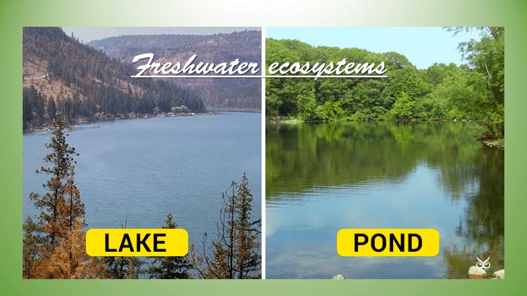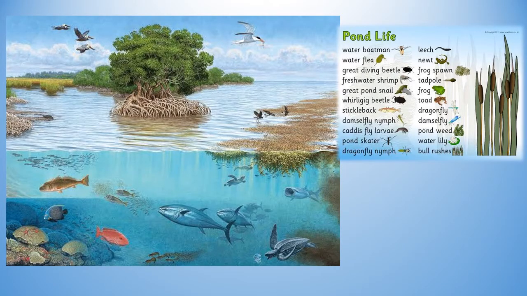The difference between lake and pond: a lake is big and deeper, whereas a pond is shallow, not very deep, and a small closed environment. Pond life: you will find small fishes, insects, dragonflies, frogs, toads, leeches, which are present in the ponds and lakes.